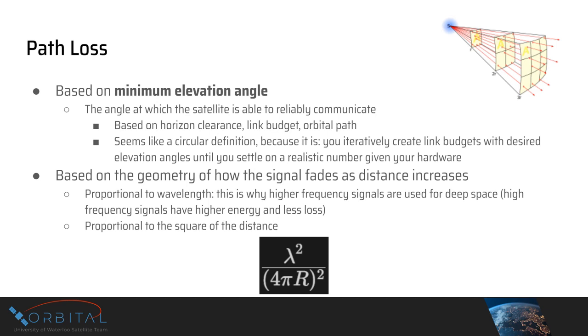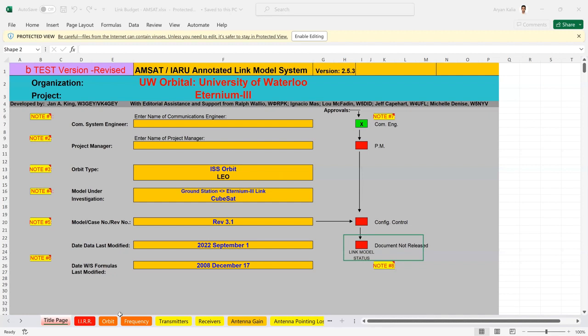So initially, when you give estimates for this path loss or for this elevation angle, they start out arbitrary and then you iterate to get something more concrete. But yeah, the elevation angle is based on horizon clearance in the area that you set up your ground station, the link budget itself, so your hardware, and then the orbital path is a big thing. So I guess that's the circular definition thing I was talking about.